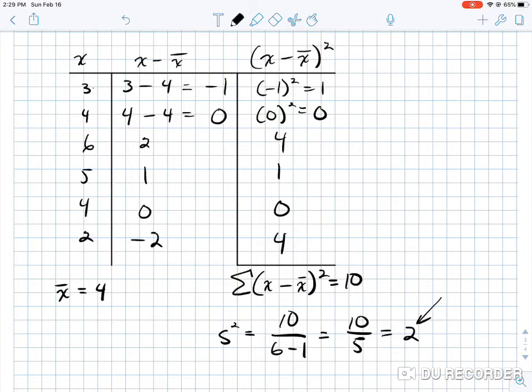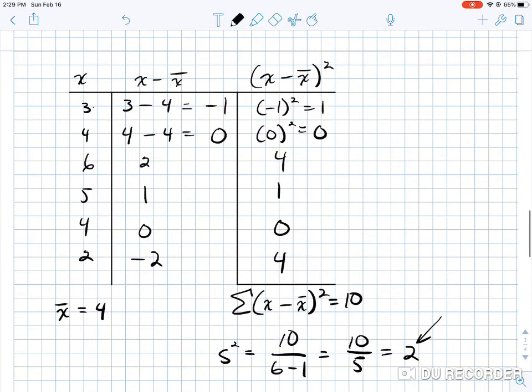So just know, by hand, you can take any data set, whatever they are, compute the mean first. This is step 1. Then calculate your deviations, that was step 2. This here is step 3, this here is step 4, and the last step here is step 5.